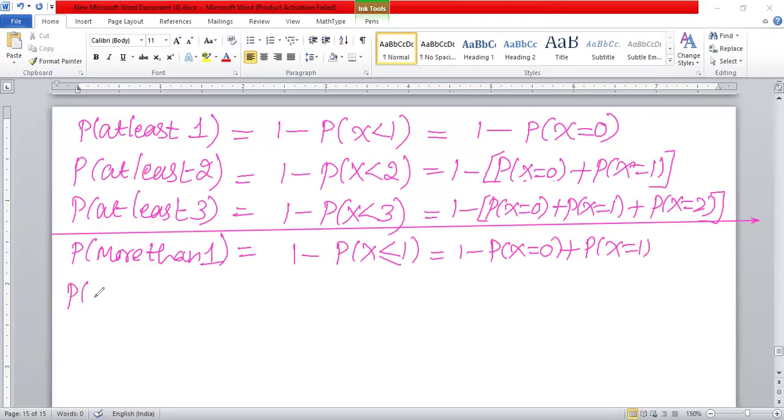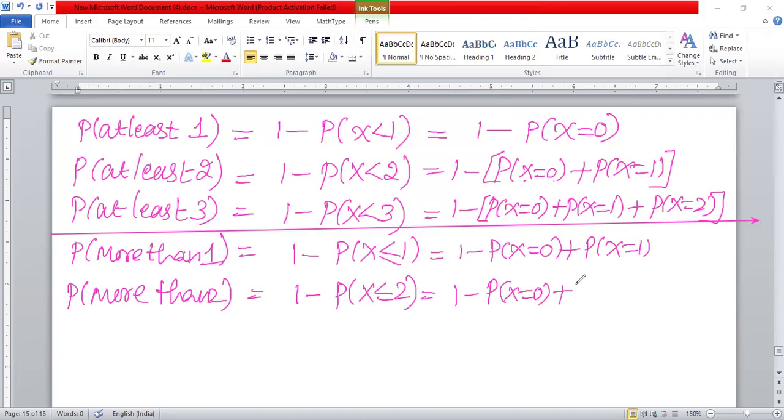And similarly, probability more than 2 is 1 minus probability x lesser than or equal to 2, that is 1 minus probability x equal to 0 plus probability x equal to 1 plus probability x equal to 2.